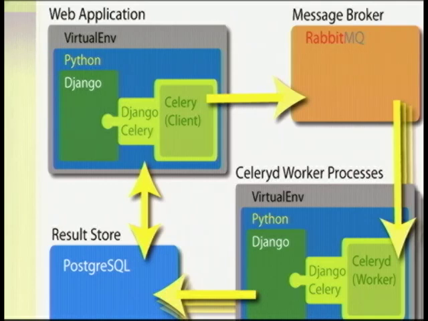When it's supposed to run, it will send it off to the Celery daemon worker processes, which is also another Django instance. It's a full instance of Django, and these are often in the same virtual environment.